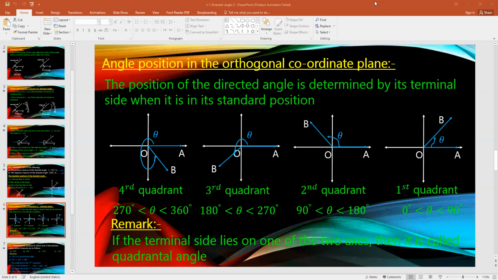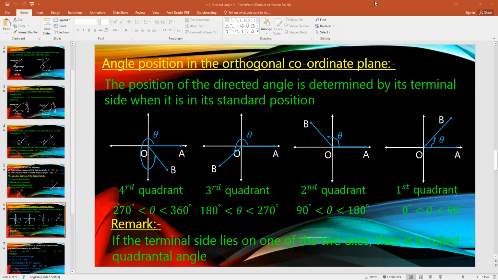Then here, if I set the directed angle BA, BC, initial BA and terminal BC, this angle is positive because the direction of the rotation is anti-clockwise. But if I set also the directed angle BA, BC, it is negative because the direction of the rotation is clockwise.